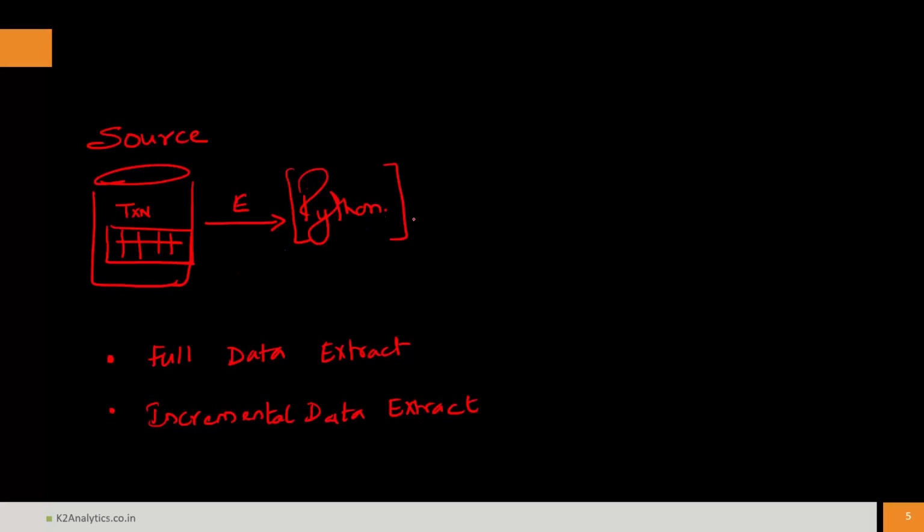Now when you do incremental data, it may so happen that there was a transaction ID, 108691, some transaction ID which I am mentioning here, which was already extracted in your previous run. When you had extracted that data in your previous run, you had done the transformation and the loading, and that data was already pushed.